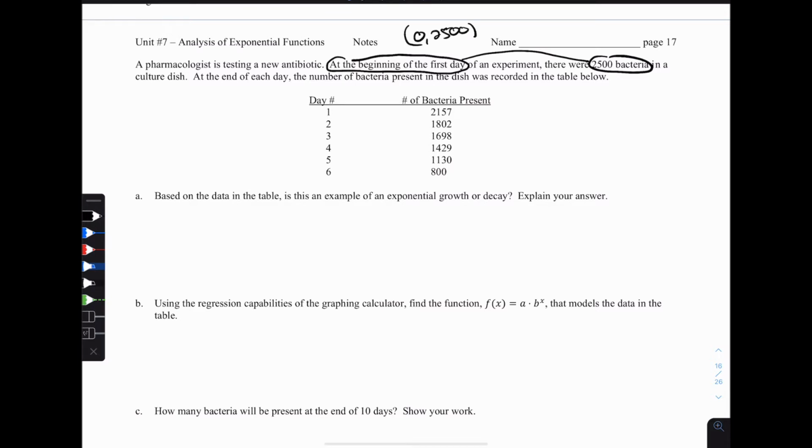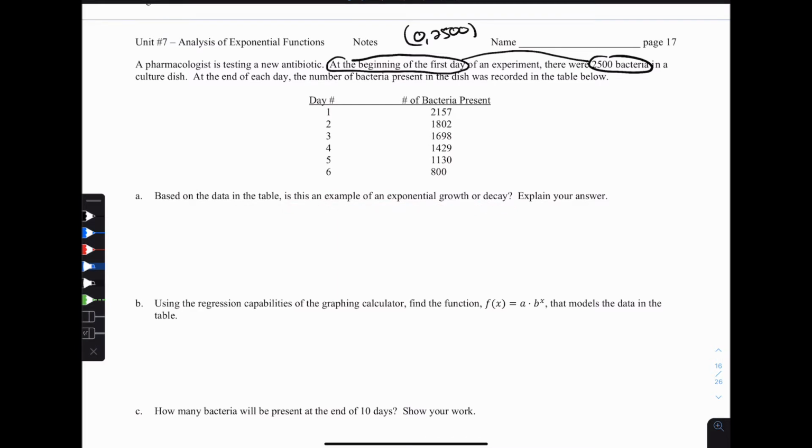That's pretty important. At the end of each day, the number of bacteria present in the dish was recorded in the table. So keep in mind, the end of day 1 is a second before the beginning of day 2. Based upon your data in the table, is this an example of exponential growth or decay?